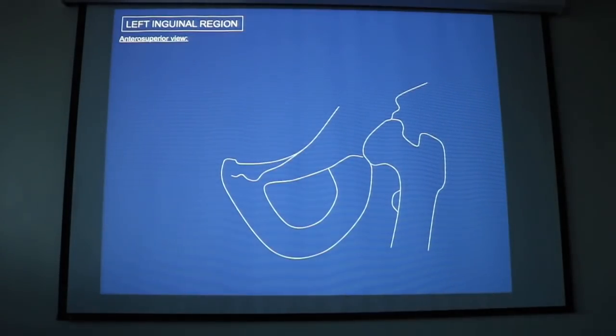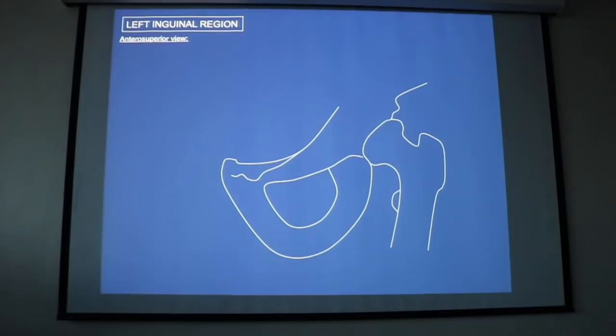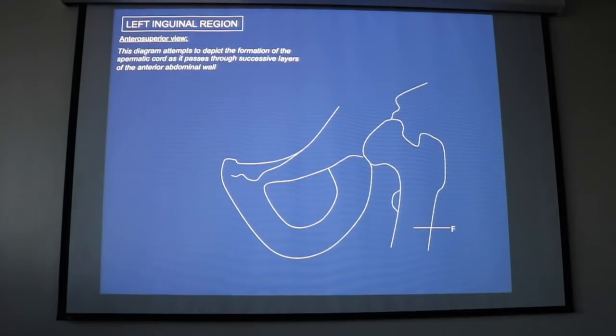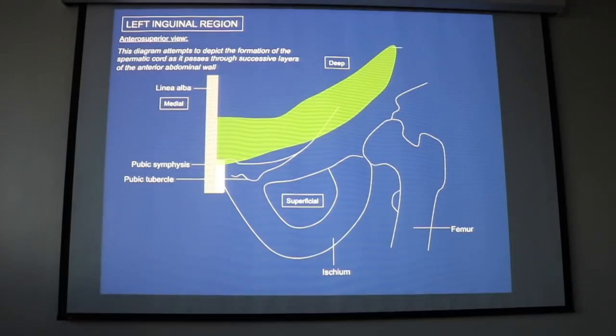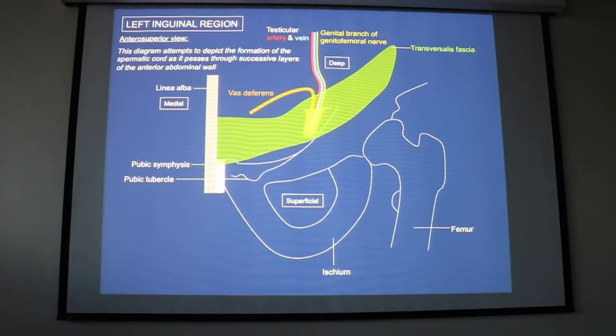A quick one, now this will explain to you why the transversus abdominis muscle is not participating. Now, this is my fascia transversalis. Vas passes through it. Artery, vein, nerve. Agree? Internal spermatic fascia.